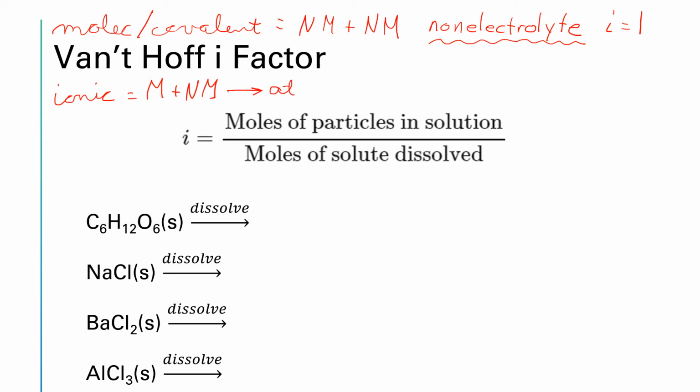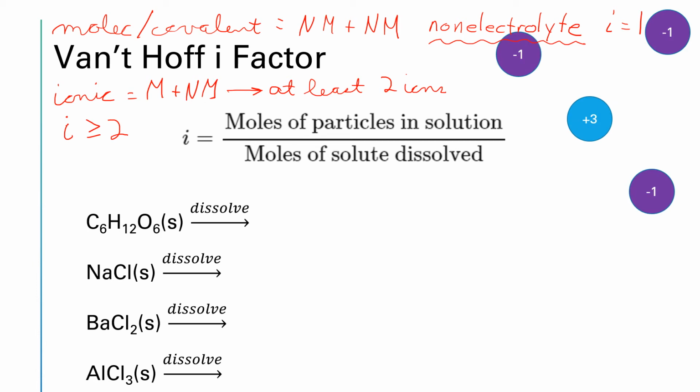We'll get at least 2 ions, 1 cation and 1 anion. We may get even significantly more than that. And so the I that you get from ionic compounds will be greater than or equal to 2. The smallest it'll be is 2, but it can easily be bigger than that.